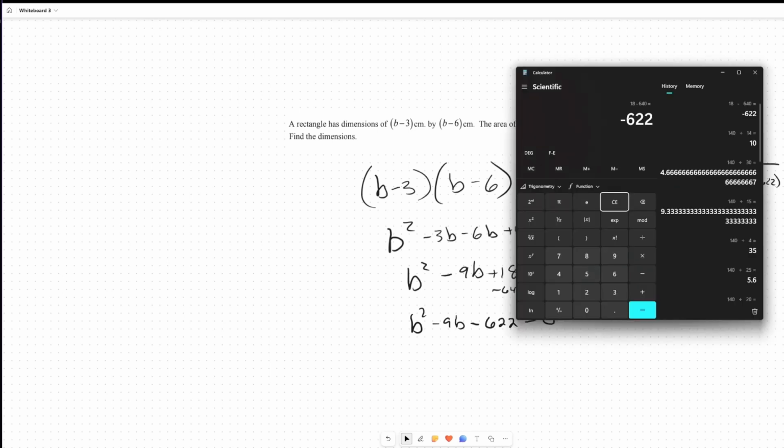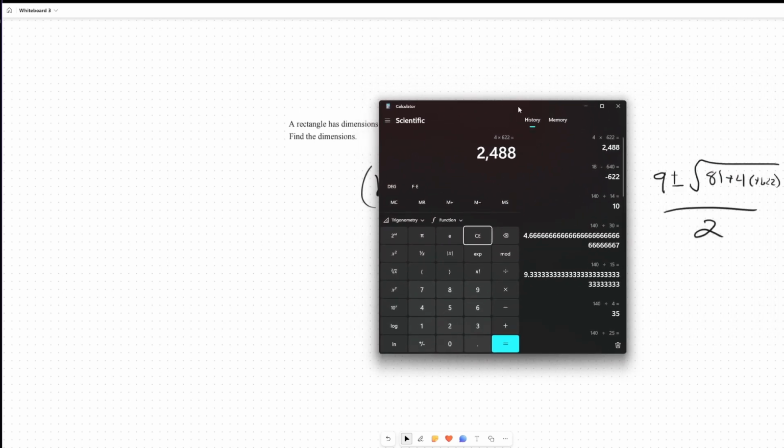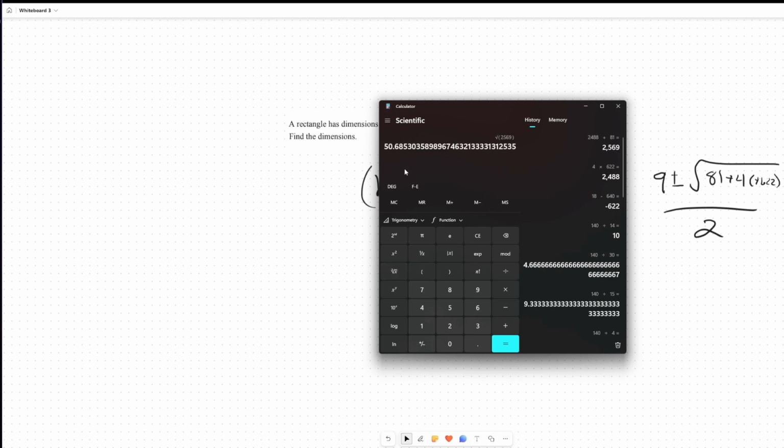So I just take 4 and multiply it by 622 to get 2,488. We're adding an 81 to that. We're taking the square root of that. So we're going to take this, 50.69 just about, and we're going to add it and subtract it.